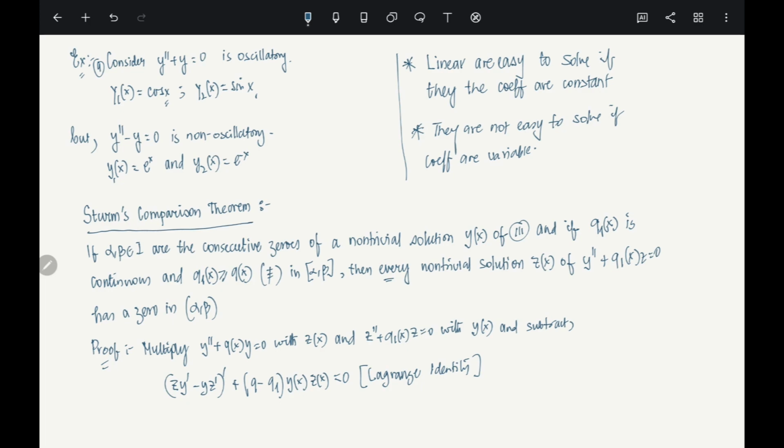Now once this is true, you see y at the point alpha equals y at the point beta equals 0. This is given, right? Consecutive zeros, you remember? Then integrating, what you get?